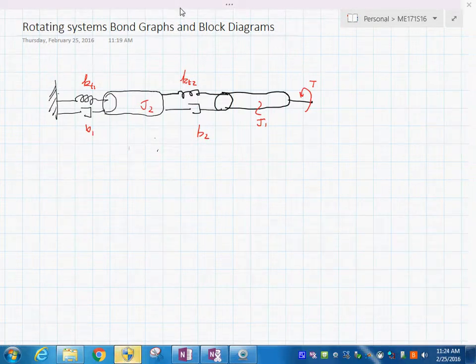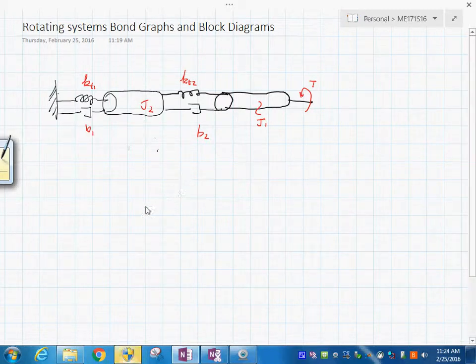What we're going to do is, the first step: for every distinct velocity we use a one junction. So I am going to put the one junction for the different omegas. This is omega 1. This obviously is omega 2.